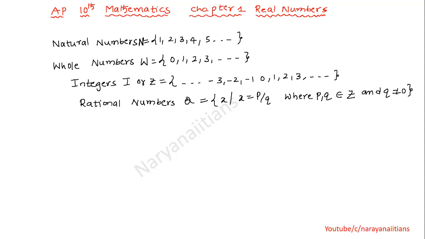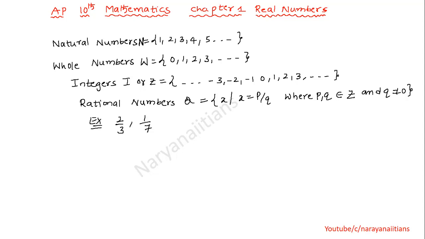Example, 2 by 3. It is in the form p by q. P means numerator, here the numerator is an integer. Q means denominator, here the denominator is an integer. And also q not equal to 0. The denominator should not be 0. Here the value 3 is not equal to 0.